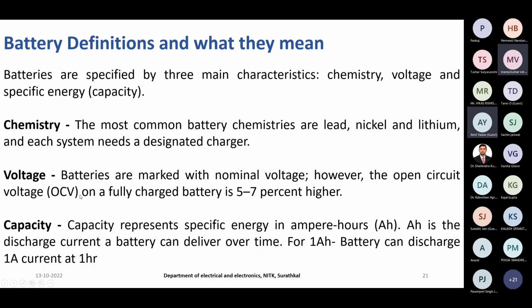When we talk about voltage, the open circuit voltage of a fully charged battery is more than the terminal voltage, by 5 to 7% higher. And we have talked about capacity. Capacity represents the specific energy, in ampere hours. 1 ampere hour means 1 ampere of current for 1 hour.